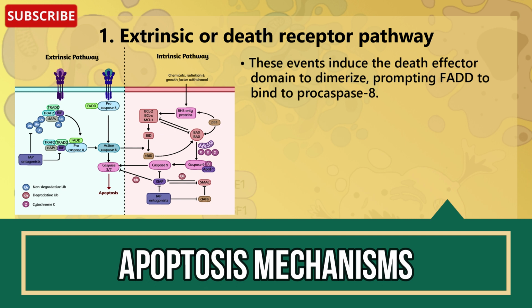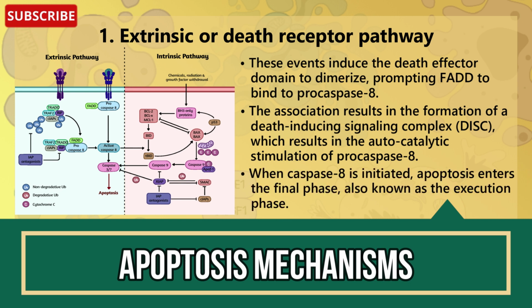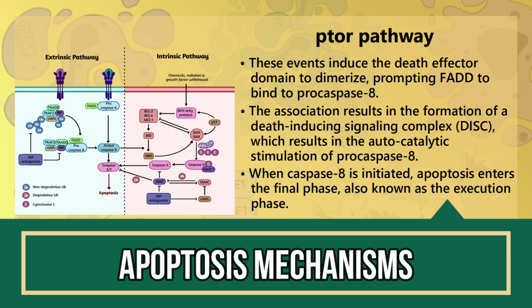These events induce the death effector domain to dimerize, prompting FADD to bind to pro-caspase 8. The association results in the formation of the death-inducing signaling complex, DISC, which results in the autocatalytic stimulation of pro-caspase 8. When caspase 8 is initiated, apoptosis enters the final phase, also known as the execution phase.